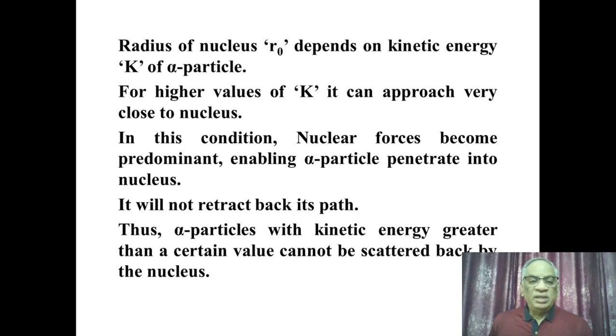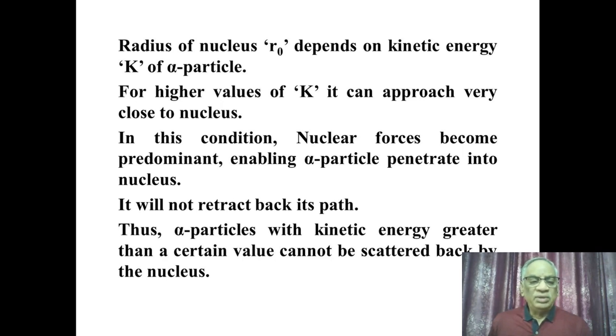And in this condition, the nuclear forces become predominant. Because it is approaching the nucleus, the nuclear forces become strong. This alpha particle also will be able to penetrate into the nucleus. As a result, it will not go back along its original path as we have seen in the earlier case.